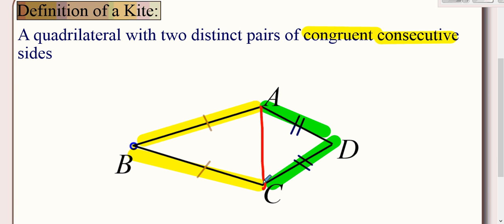Not just any two triangles, you get two different isosceles triangles, because these two sides are congruent and those two sides are congruent. If you can think of it that way, that really leads you to all the properties about kites, because there are isosceles triangles inside them.